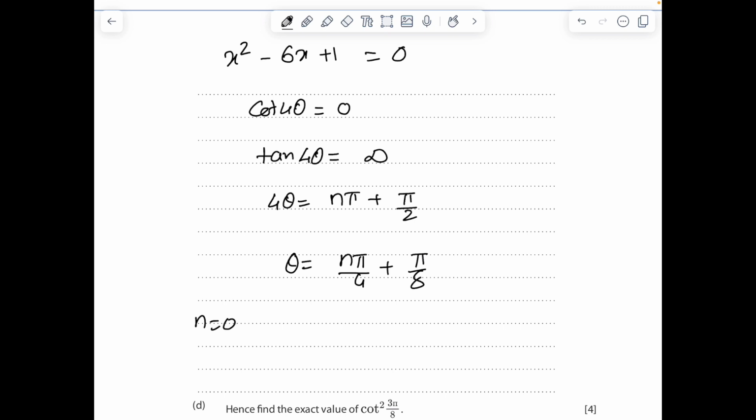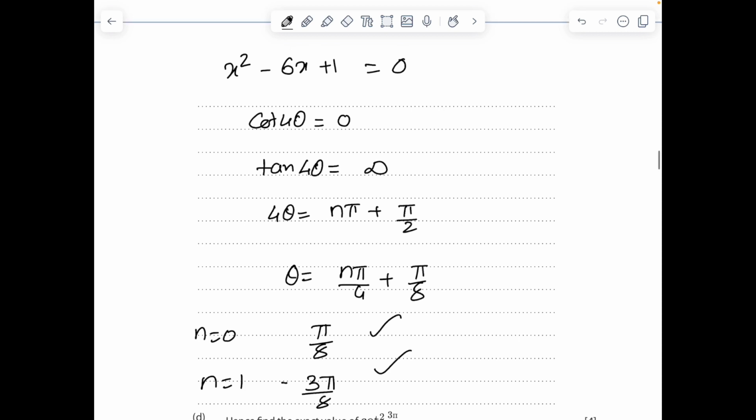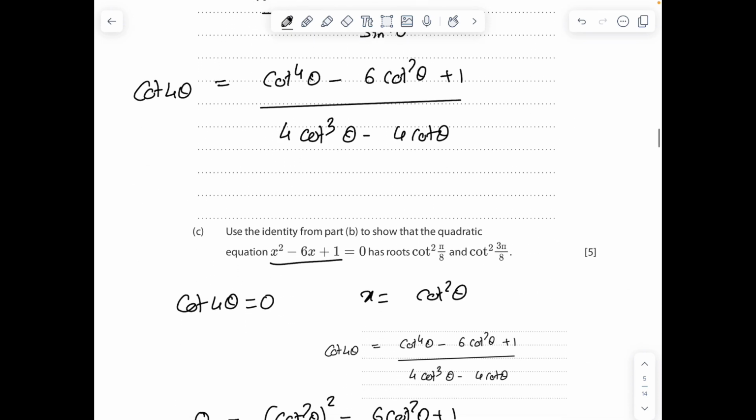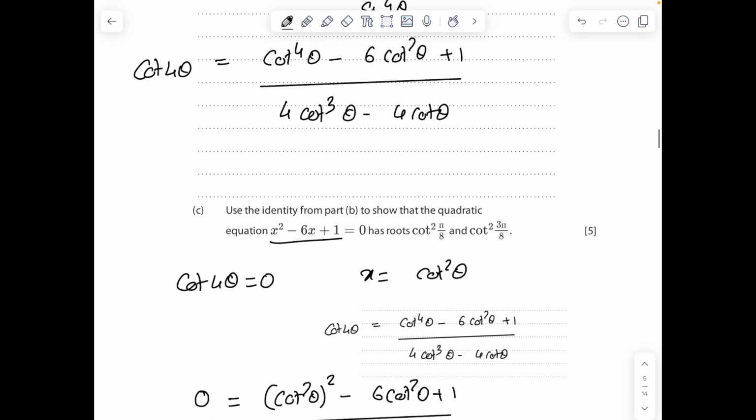N equals to 0, I get pi by 8. N equals to 1, I will be getting 3 pi by 8. So those are the two roots. Pi by 8 and 3 pi by 8 are going to be the values of theta.